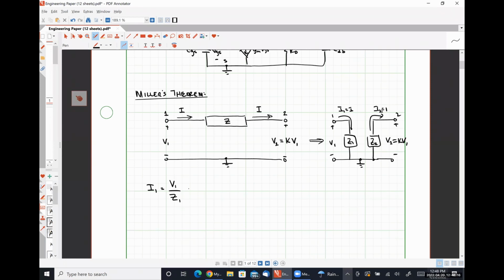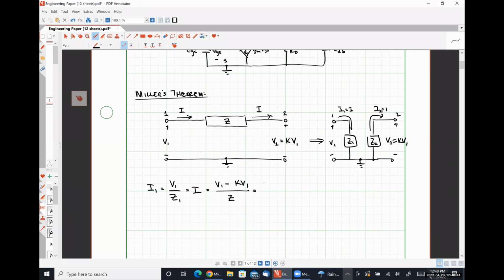And this has to be identical to our current I in our left-hand circuit, which is given by V1 minus V2, or minus K V1, divided by Z. And we can rearrange this just a little bit.